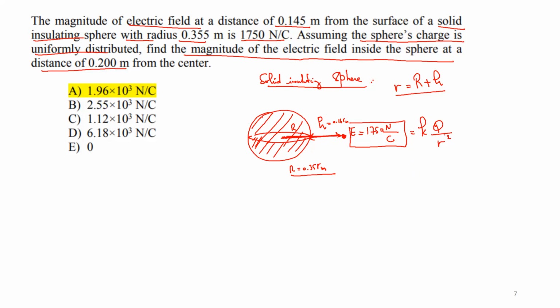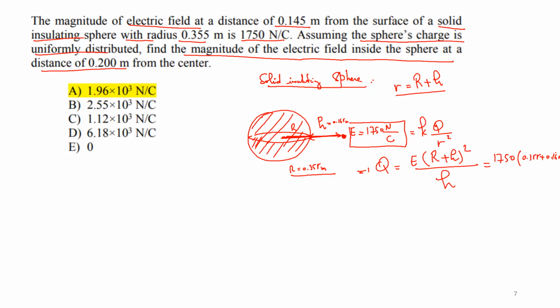So from here, I can get my Q. Q would be just the electric field multiplied by R squared, but R, as I said, is capital R plus H, squared, divided by K. So electric field 1750, capital R is 0.355 plus 0.145, squared.